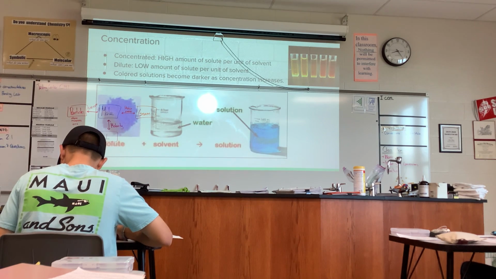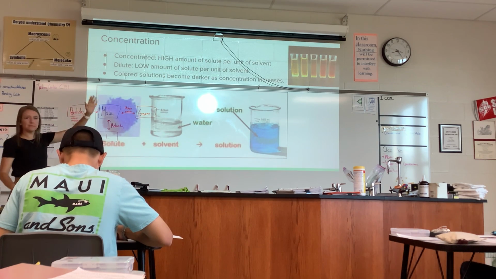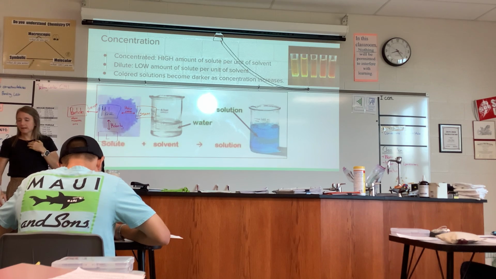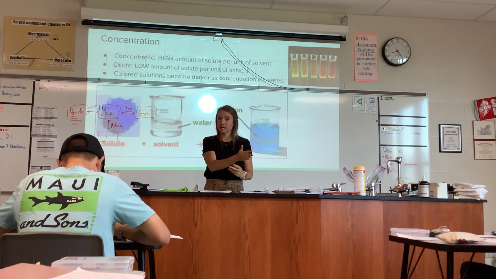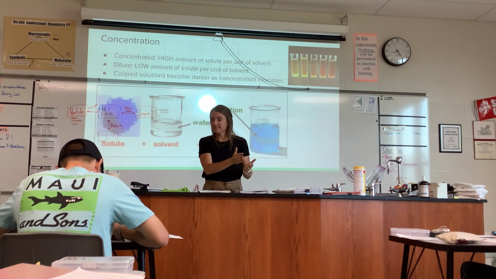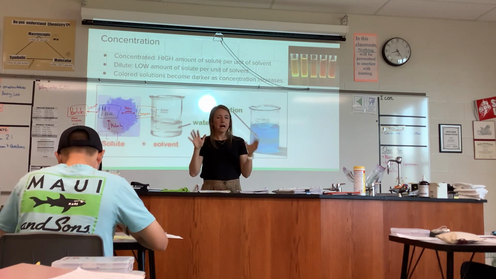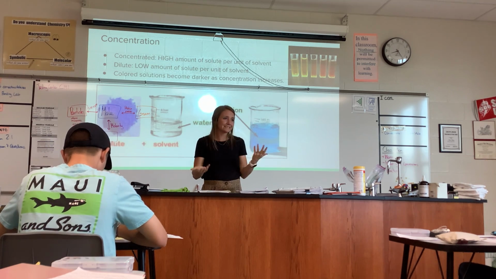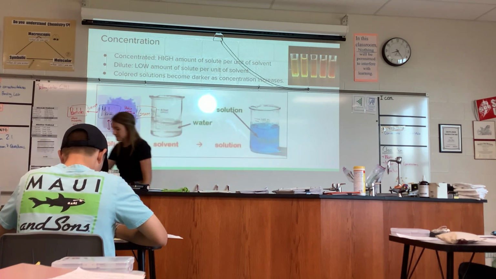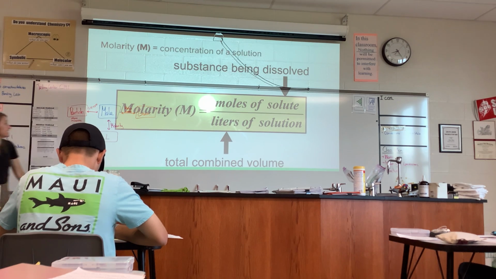Sometimes it can be seen through color. If you were to make Kool-Aid, the darker the Kool-Aid, the more concentrated it would be, or vice versa. Color doesn't always show, because some things in chemistry aren't colored, they're clear, but sometimes it can show it.